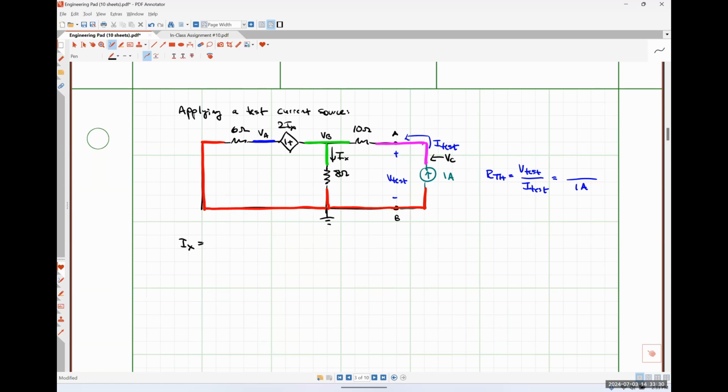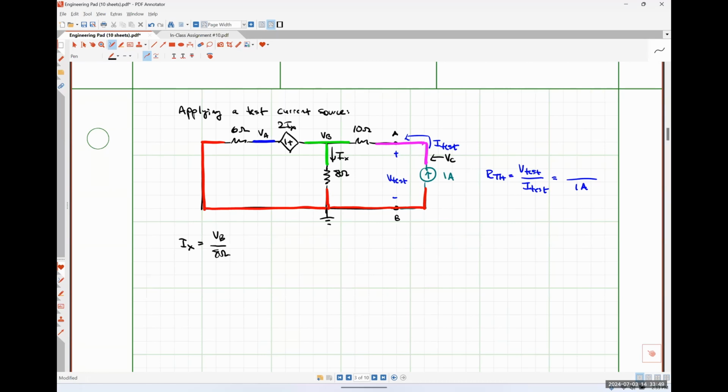It'd be VB minus 0. So VB minus 0 is a voltage, and I'm looking for a current. So you've got to add one more thing. VB over 8. Exactly right. So VB over 8 ohms.